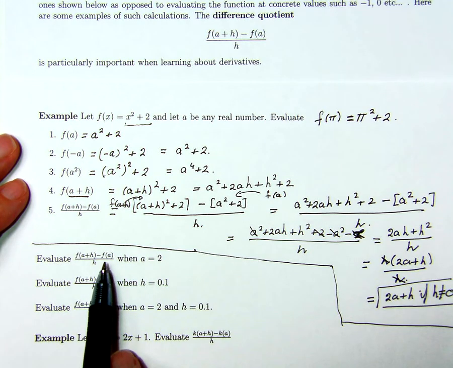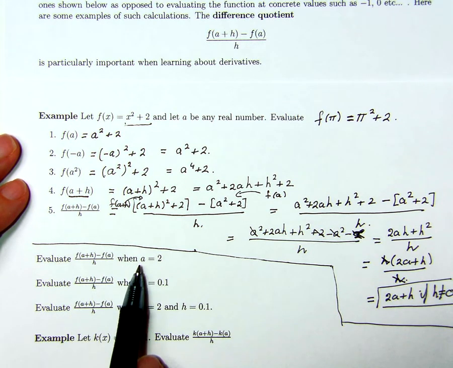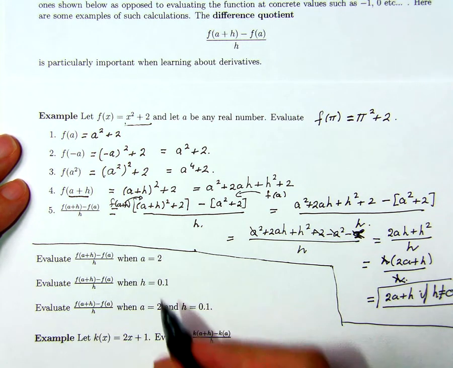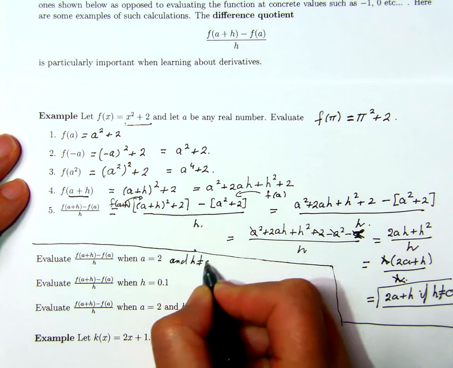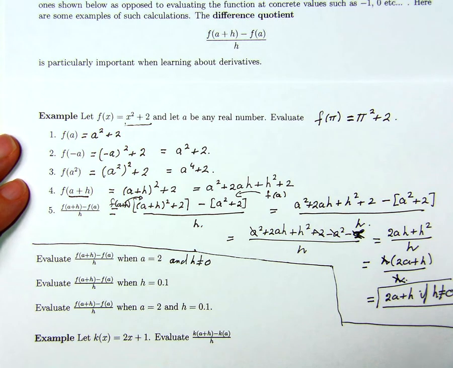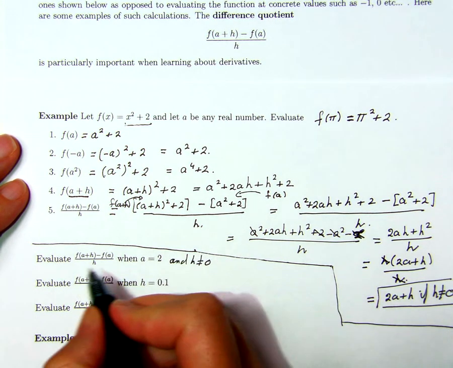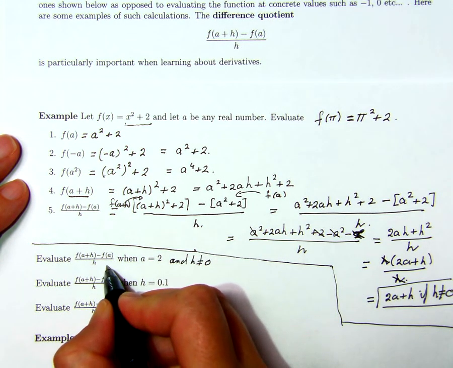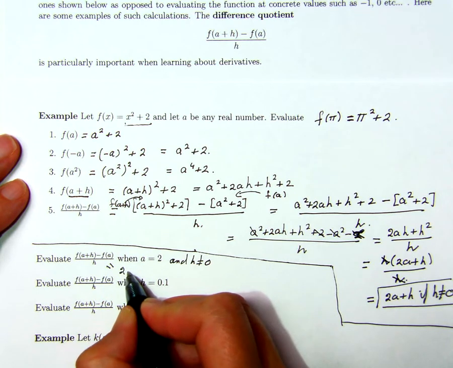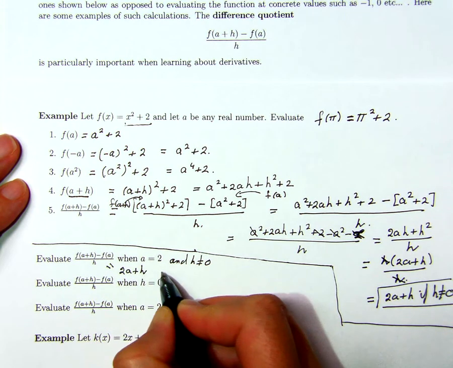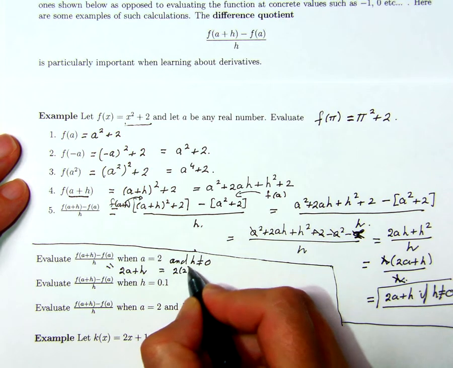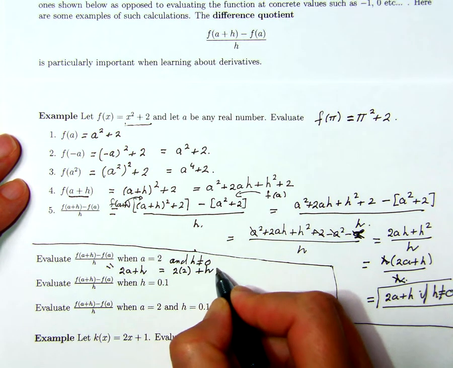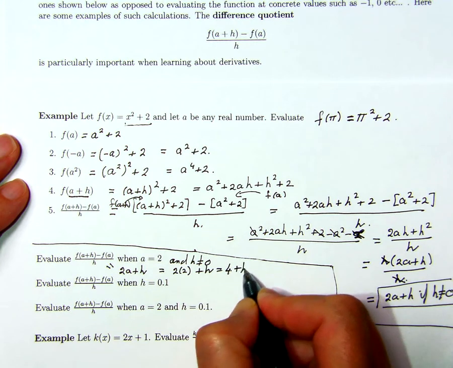What is this when a is 2, and h is not equal to 0? Well, when a is 2 and h is not equal to 0, this is equal to 2a plus h, which is 2 times 2 plus h, which is 4 plus h.